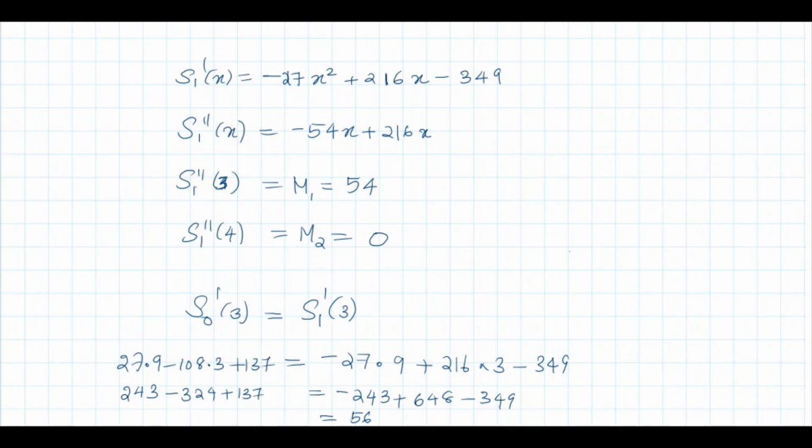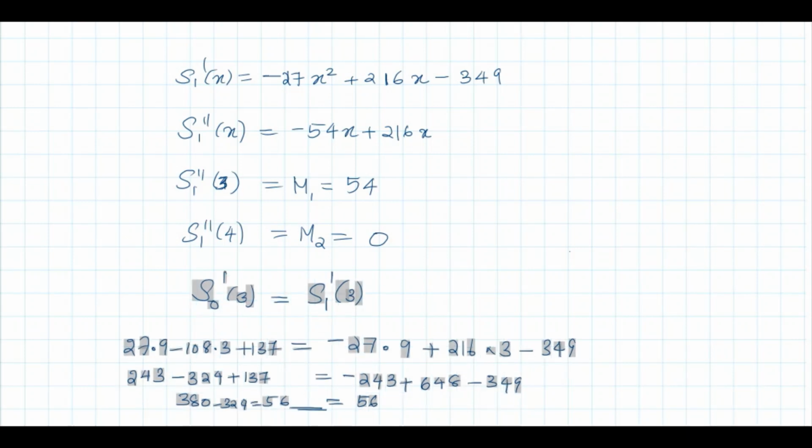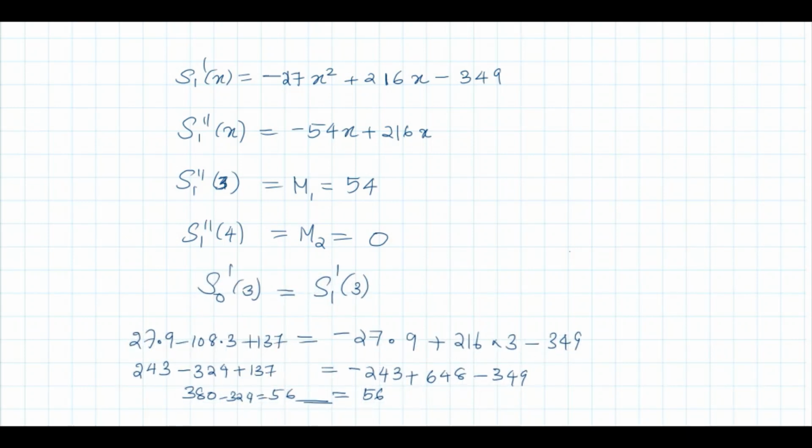So it becomes 380 minus 324, which is again 56. So 56 equal to 56. The first derivatives at the junction should be the same. Okay, so all the conditions are satisfied by these two splines.